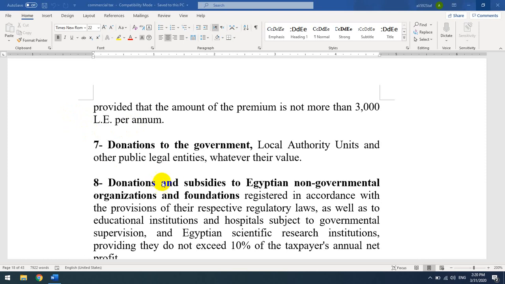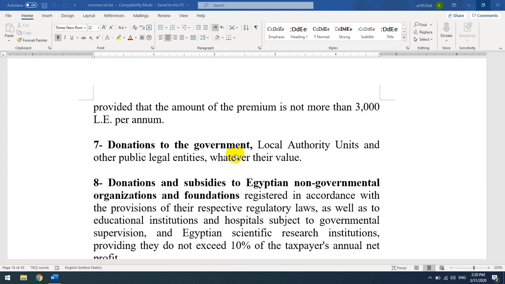Donations, we talked about donations many times before. Donations could be to governmental units. This amount is deductible regardless of its value. Deductible means it has to be deducted from the revenues regardless of its amount.